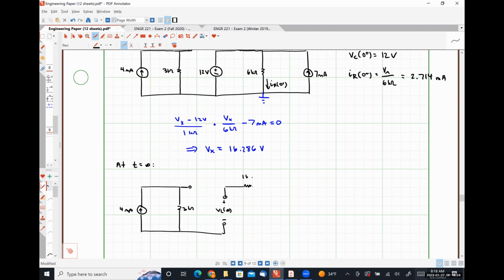Here is our 1 kilo ohm resistor. Here's our 6 kilo ohm resistor through which our current IR at infinity will flow. And then over here is our 7 milliamp source.